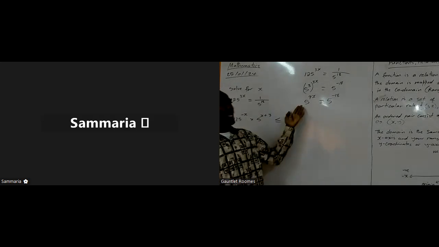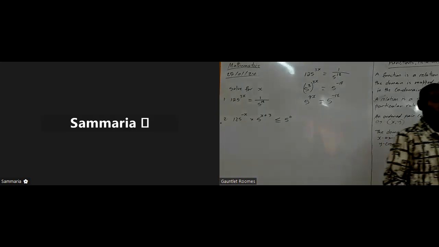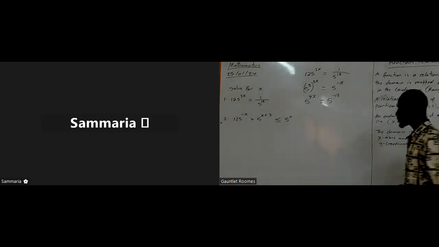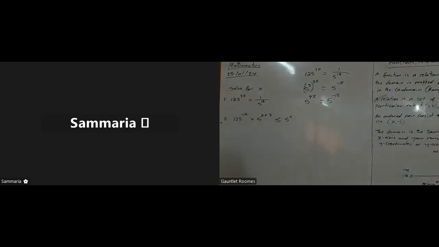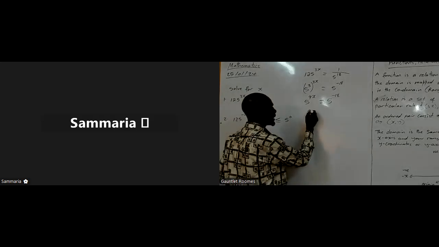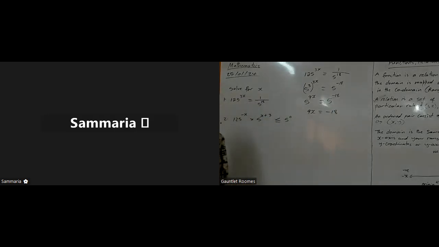So now we have equal bases, so we can apply the rule where we drop the base and equate the powers. What the rule states: drop the base, equate the powers. So we have 9x equal to negative 18.